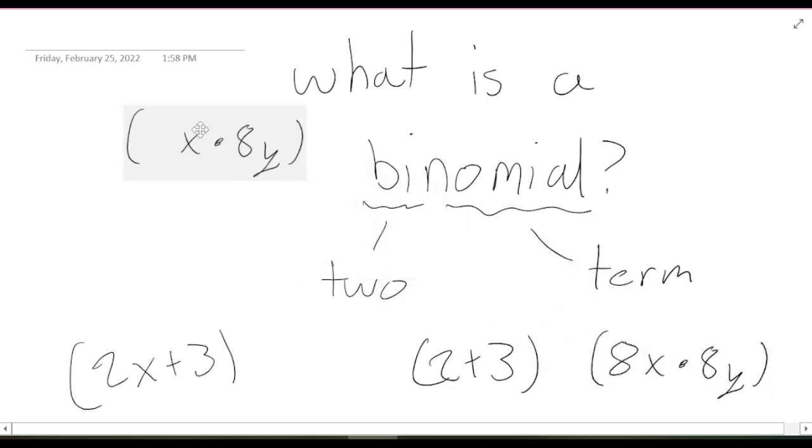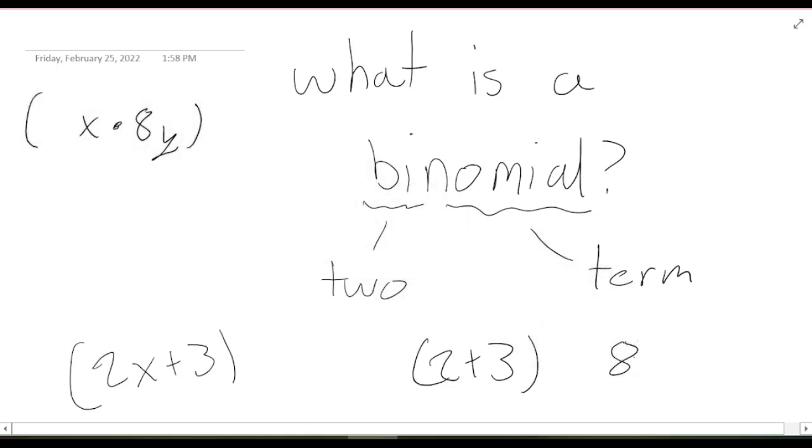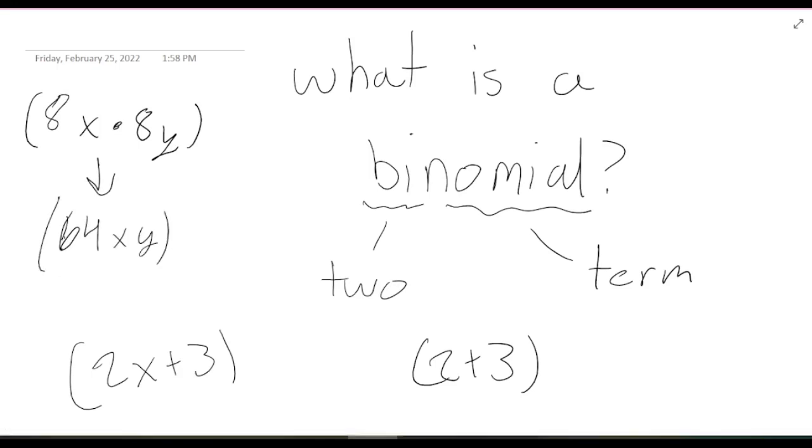So this can be rewritten as, let's just rewrite this over here, 64xy. And so now we're back to one term. But we can make this into a binomial by doing 8x plus 8y. So what makes a term is if it's separated by an addition or subtraction symbol.